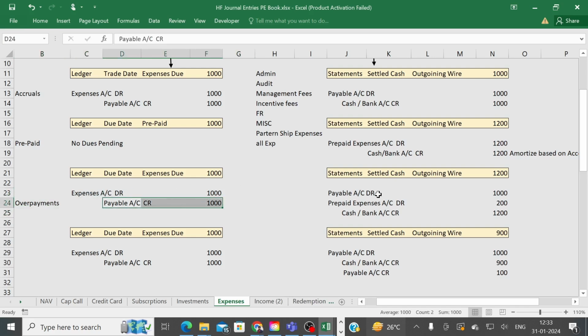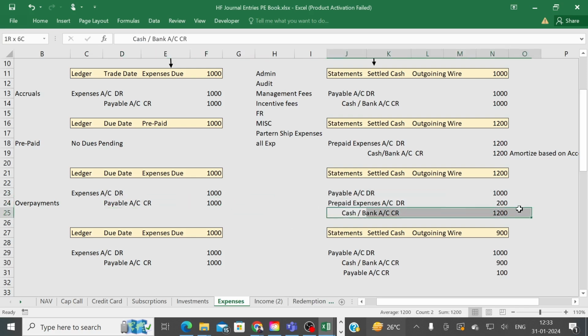But when the fund manager processes a slightly higher payment, your accounting entry would be payable account debit, which is 1000, same; then cash account credit, let's say 1200, because this is the amount which has gone out from your account. And finally you have prepaid expenses, meaning the remaining amount, which you can update as a prepaid expense. The assumption is that the fund manager processed expenses for the next accounting period, and that's what we have recorded in this accounting entry.